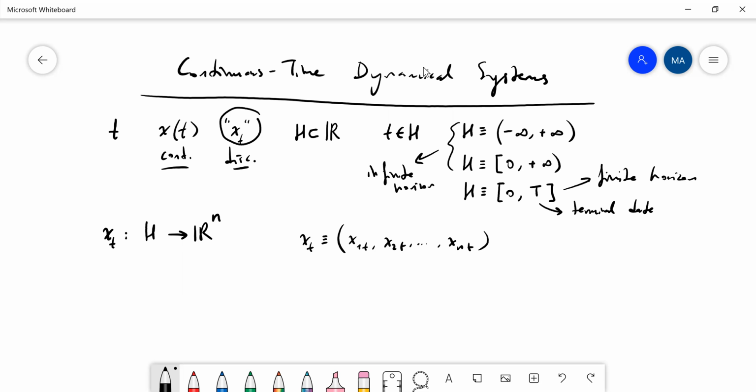So the main problem is this. Most of the time, we do not know this function. Okay? Most of the time, we do not know this function, but what we know is usually this.